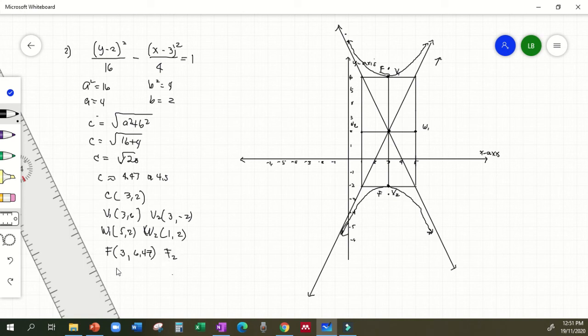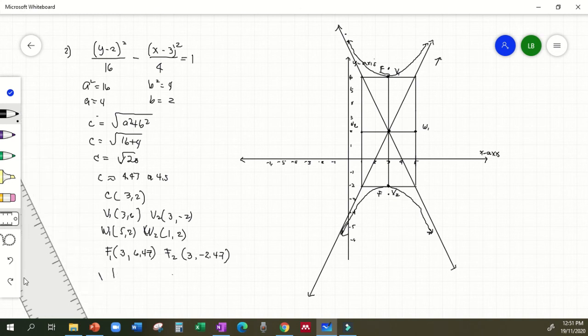And other focus, so ito ay, this is 4.47 from this point. So, ito siya. So, we have 3. So, ito ay negative 2.47. Or using our formula, so the focus is 3. So, we have 2.